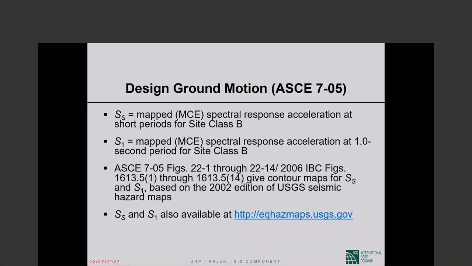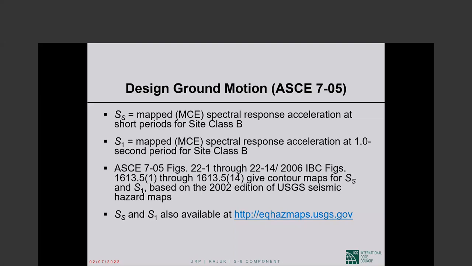S sub S is mapped. It really means the values that appear on a map issued by the US Geological Survey. Mapped maximum considered earthquake. I will define that, but note that we are not talking about the design earthquake, which is different.